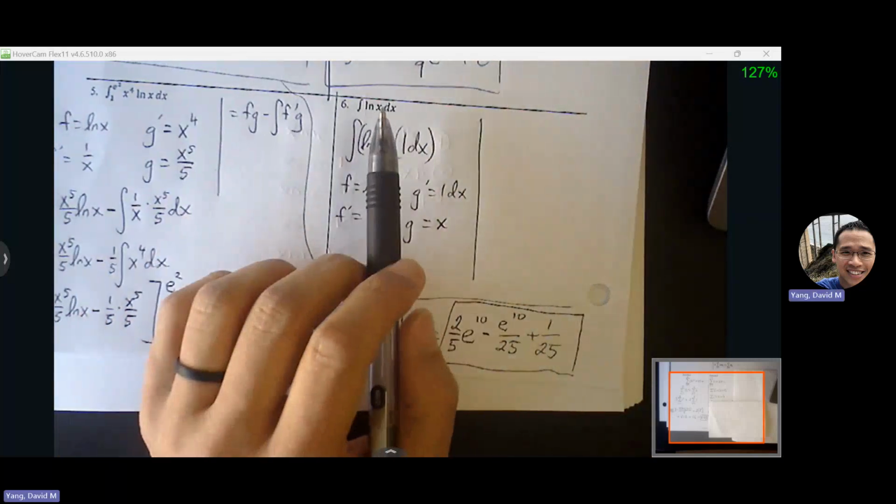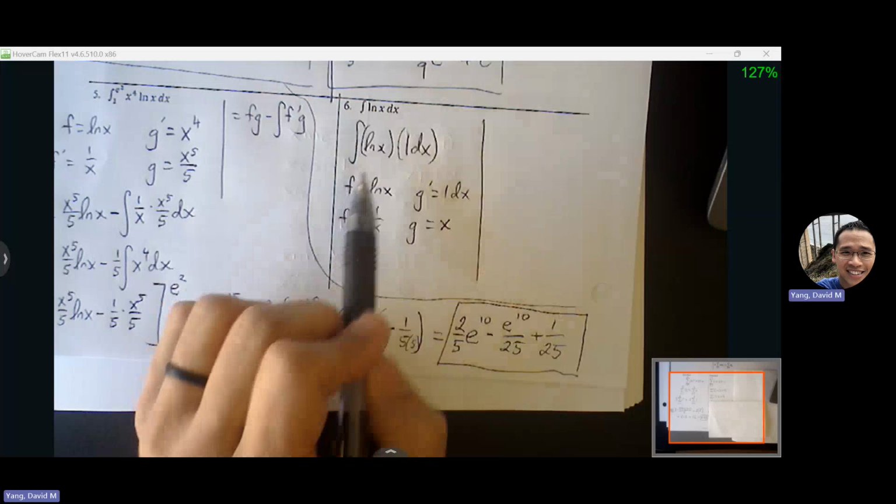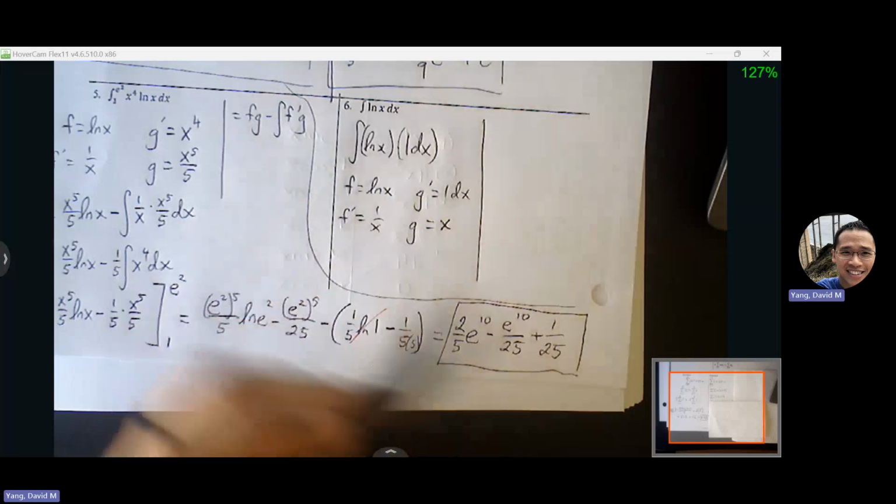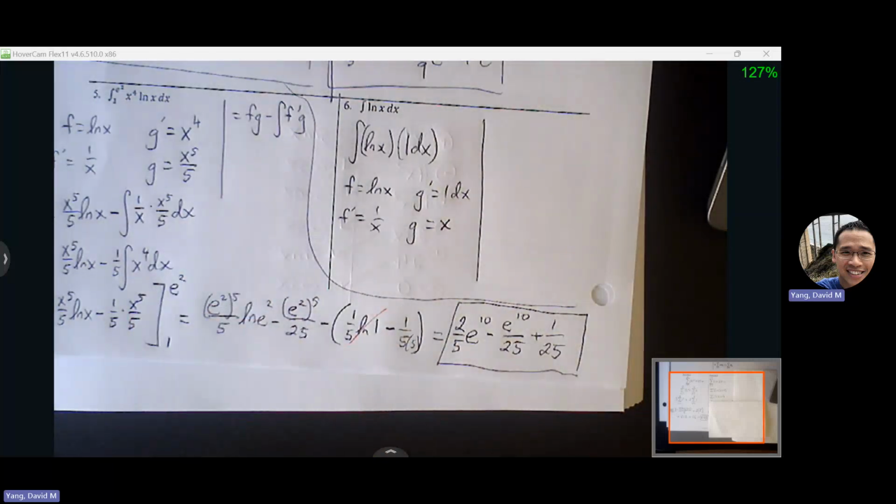So technically, we don't have an integral rule for natural log, but using integration by parts, we're able to still find the integral.